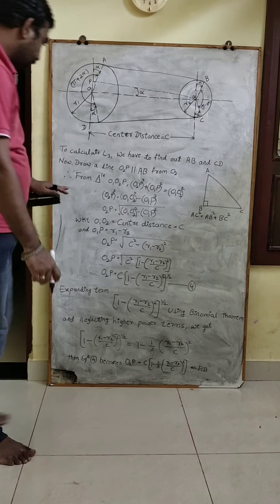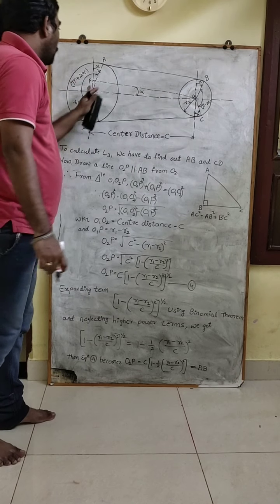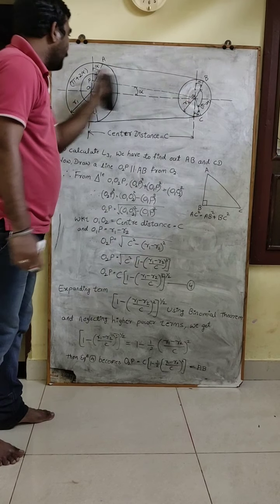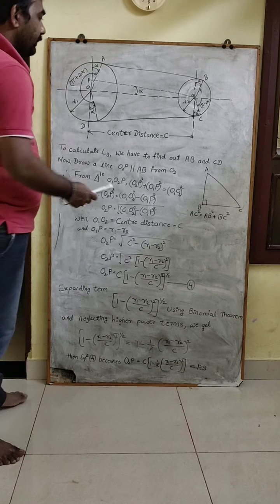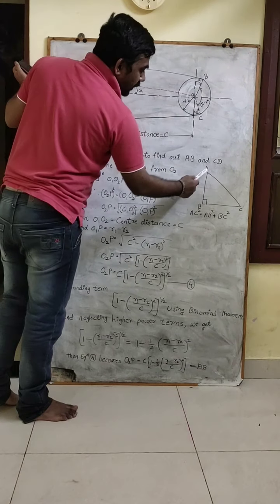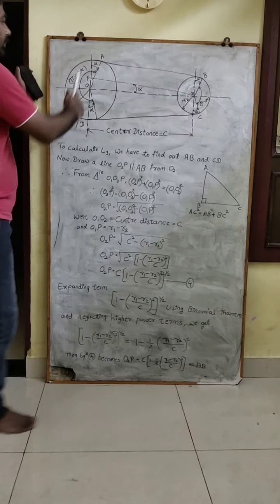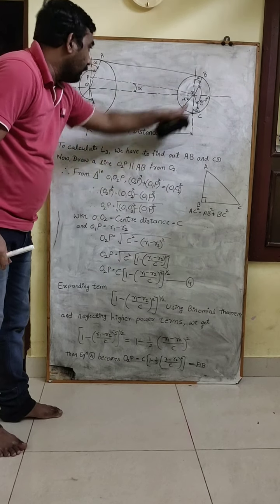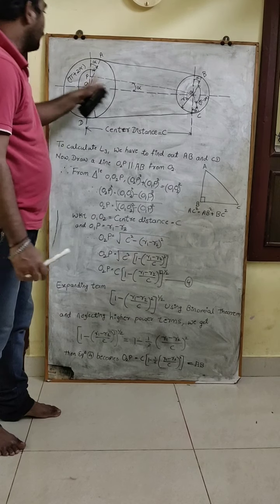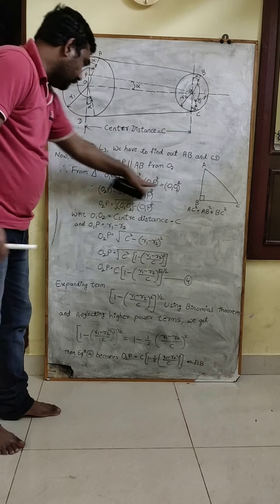In this triangle O1, O2, P, apply the Pythagoras theorem. As per the Pythagoras theorem, AC squared equals AB squared plus BC squared. Applying the same principle to this triangle, O1O2 squared equals O2P squared plus O1P squared.